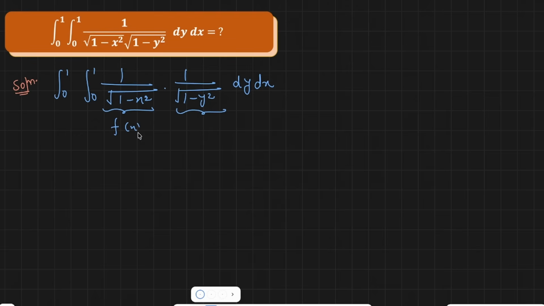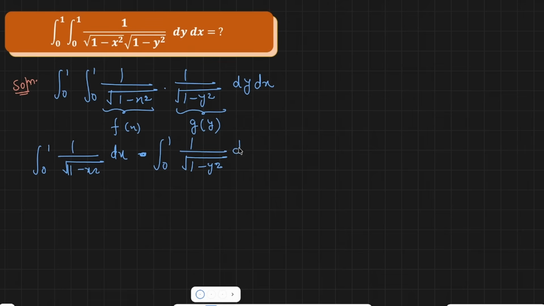This is my f of x, this is my g of y. What can I do? Integral 0 to 1 of square root of 1 minus x square dx, into integral 0 to 1 of g of y, that is 1 upon square root of 1 minus y square dy. And all of you know this is the integral of sine inverse x.